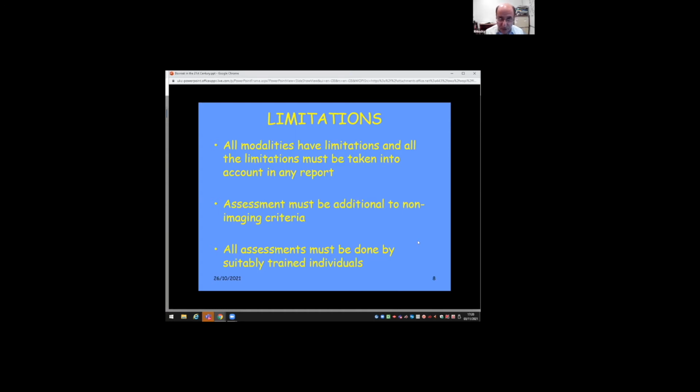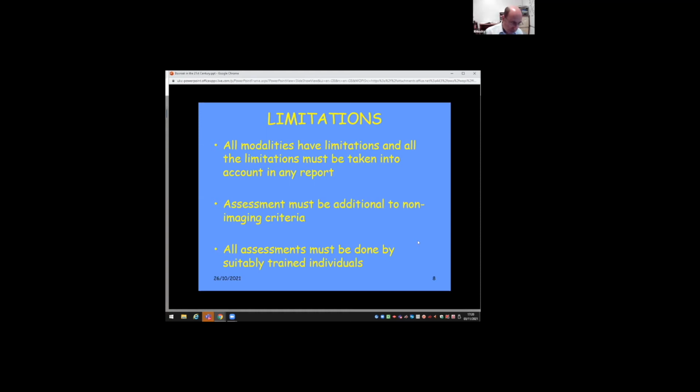Sometimes I feel as a radiologist doing ultrasound that I'm sorting everybody out, and I shouldn't be sorting everybody out. It is essential to take into consideration all the non-imaging criteria. We should be an adjunct, we should be a help, not the final common path. The good thing is, of course, we are often the final common path, which is why we can go rah, rah, rah.